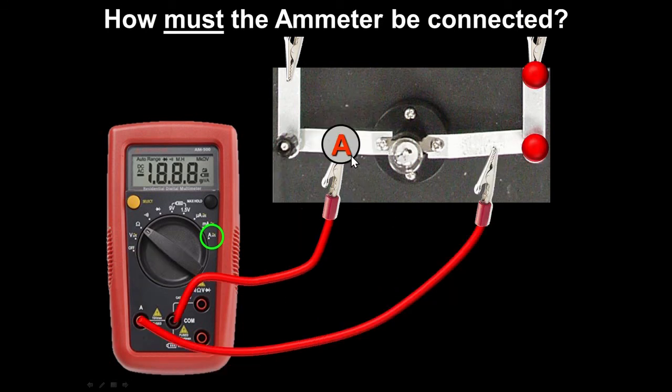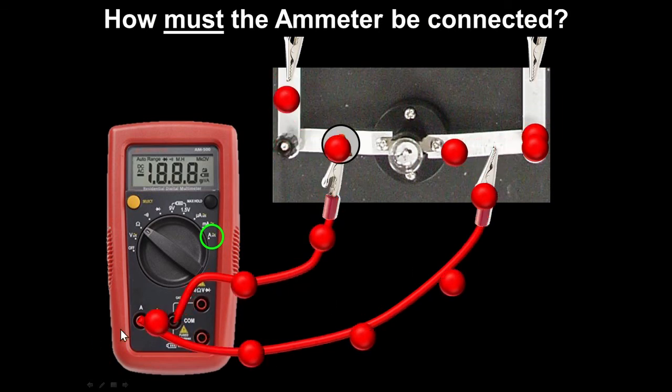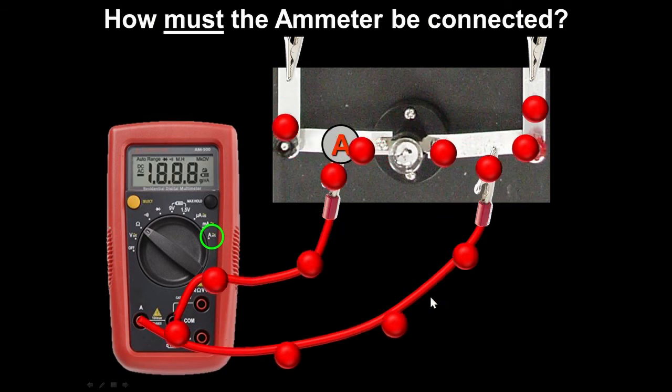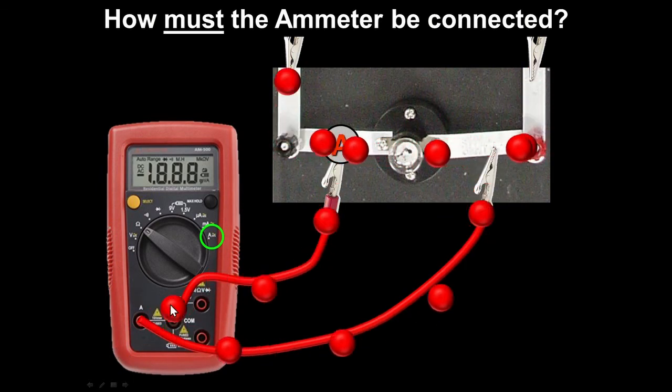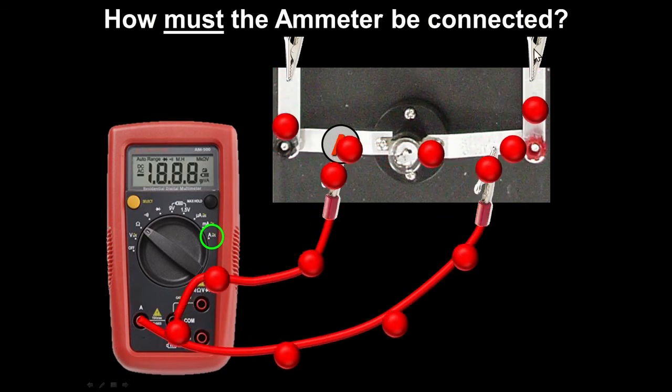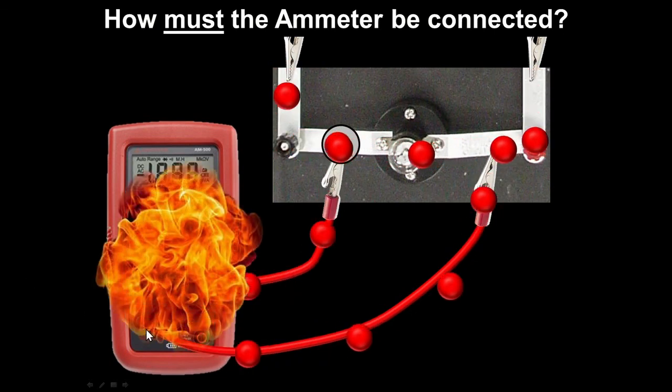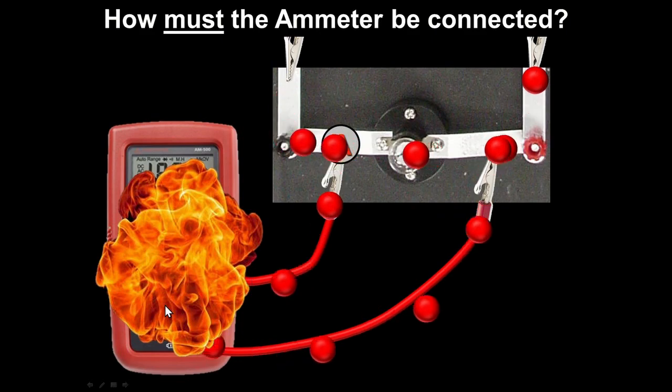This is a mistake students often make: they plug it into here and here, and they touch on either side there. Because we had such little resistance here, we're going to get a massive amount of current running through there, and it will actually blow up the multimeter.